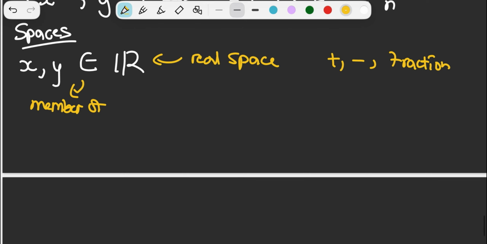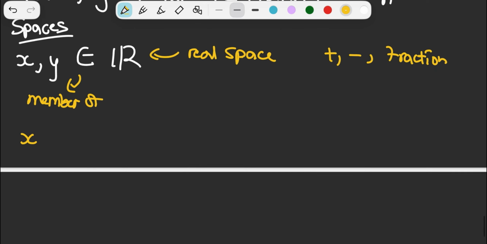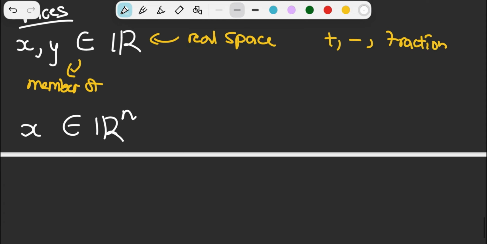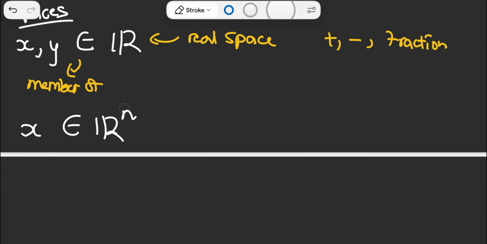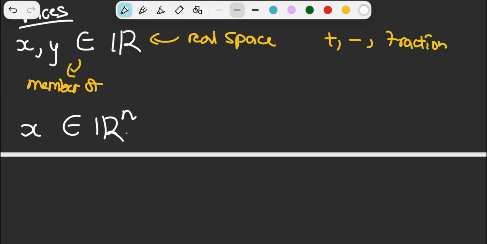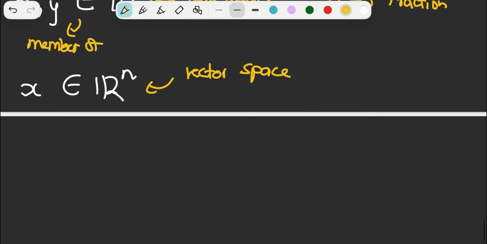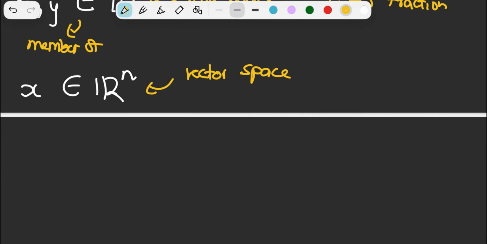It's also possible that x can belong to the vector space. If you see this R and n, it basically means that it's a real space but in vector form. So we call this a vector space. What this means is that x is a member of the vector space.